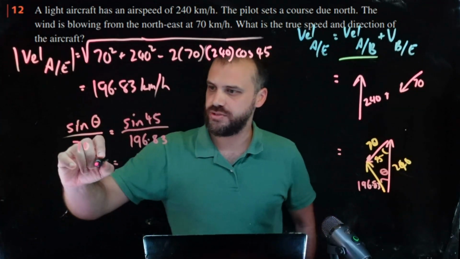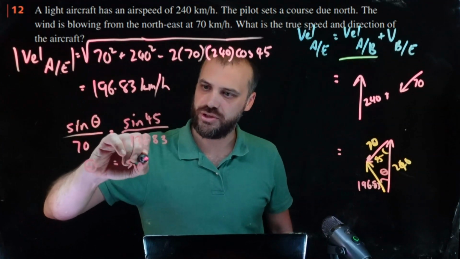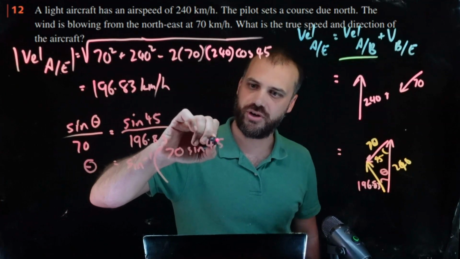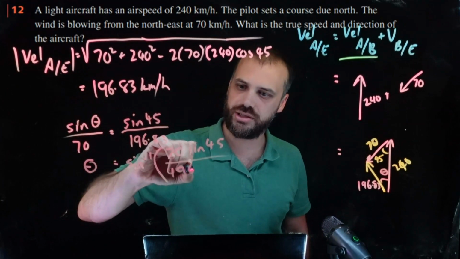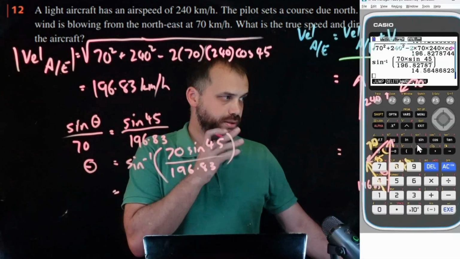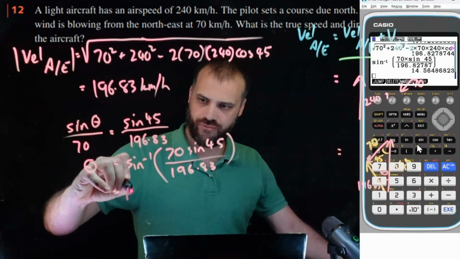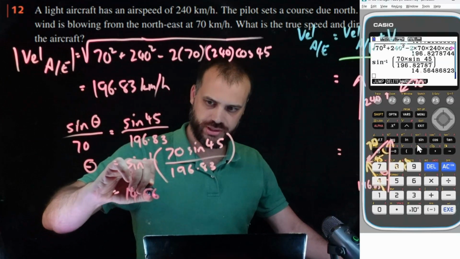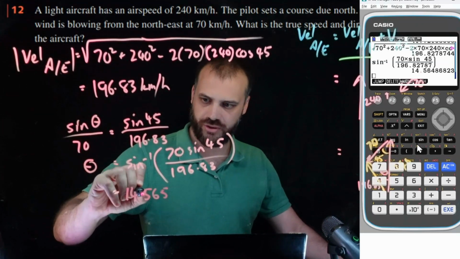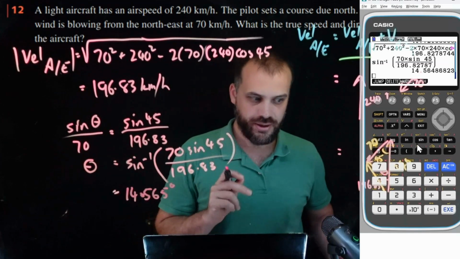Rearranging for theta, we get inverse sine of 70 sine 45 over 196.83. That gives me 14.565 degrees.